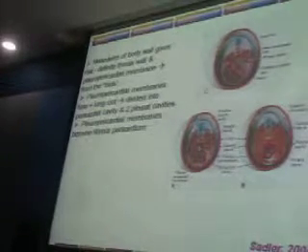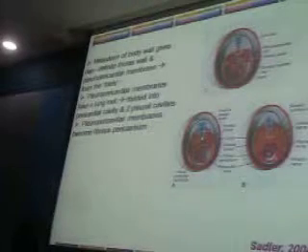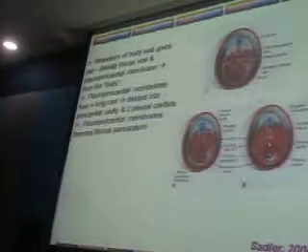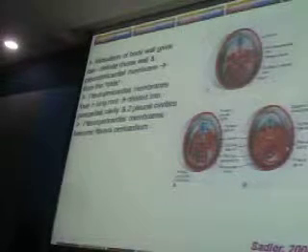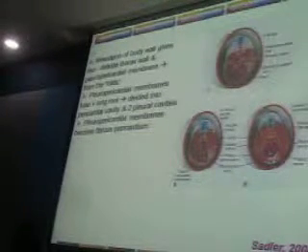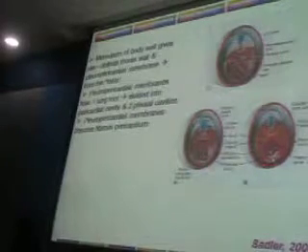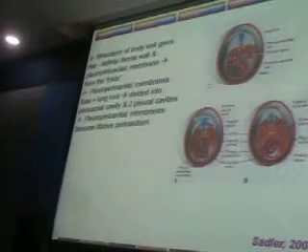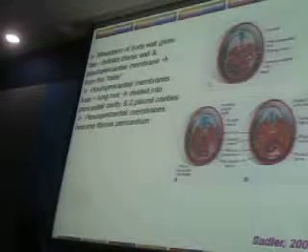Pleuropericardial membrane will fuse together with the root of the lung, so it will produce your pleural cavities and your pericardial cavity. Kuha niyo? From here, you have your folds.